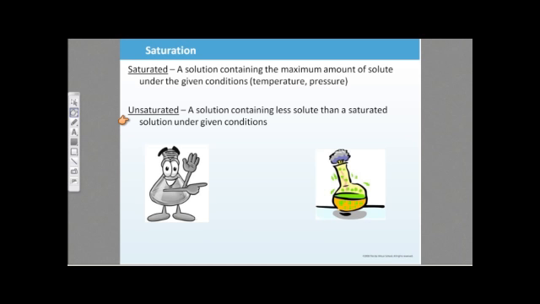Now, important here to understand that unsaturated could be a very little amount of salt. It could be a lot of salt. As long as it's less than the maximum it can hold at that temperature and pressure, it is considered unsaturated. So it is very much a qualitative term because it's dependent on whether or not it's saturated.